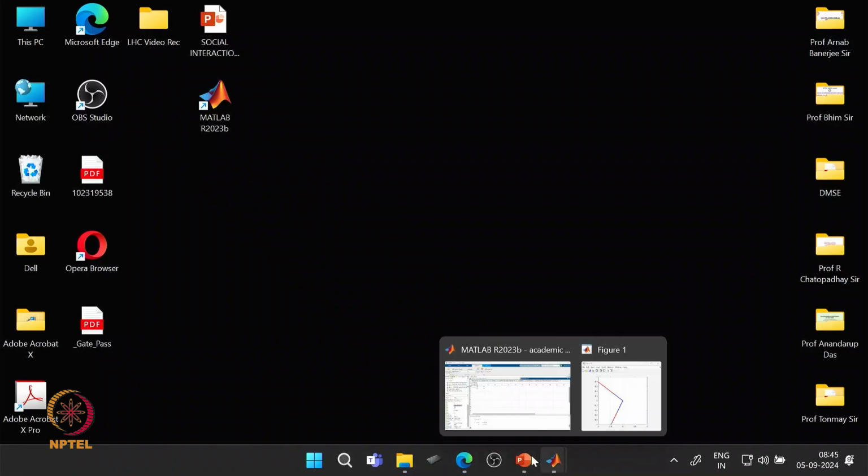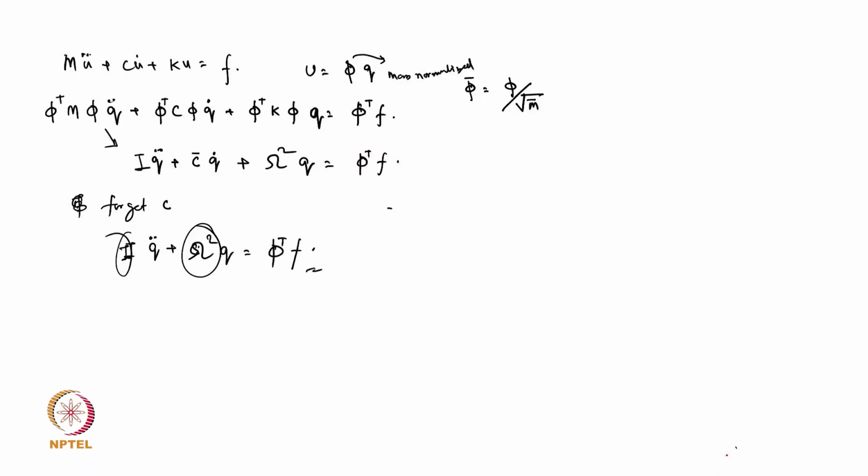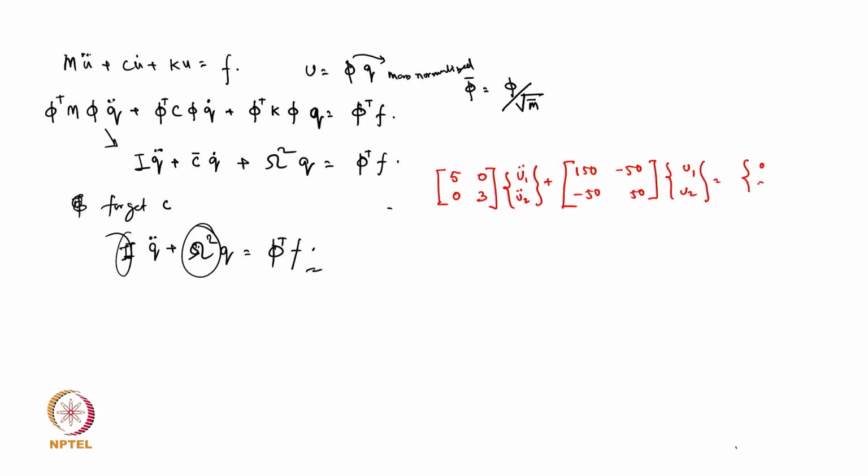Okay. So now if I try to rewrite, so my previous system was how much? 500 3 with u1 double dot, u2 double dot, plus how much? 150 minus 50 minus 50 50 with u1 u2, that is equal to 0 0.